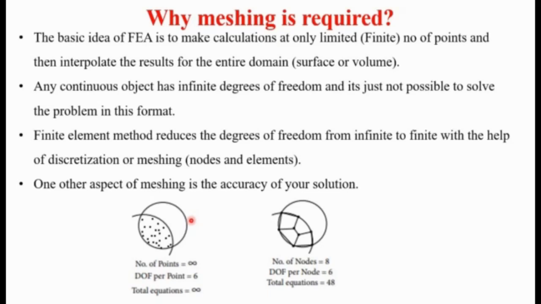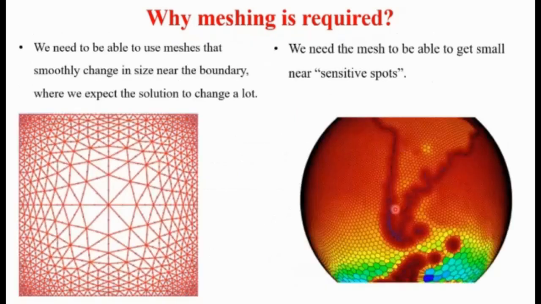So from the accuracy point of view, we should mesh all the objects very smoothly, as fine meshing is required. Then here we can see again, we need to be able to use meshes that change smoothly in size.